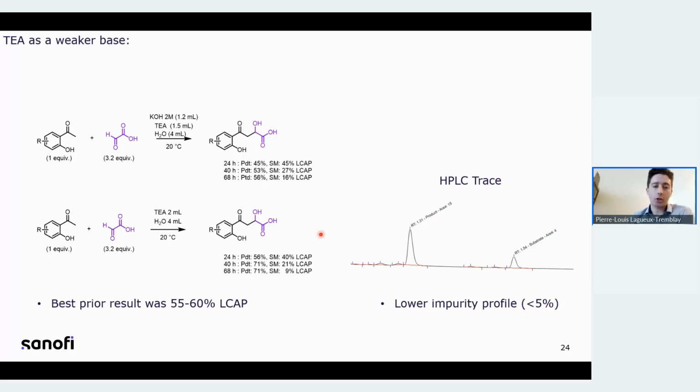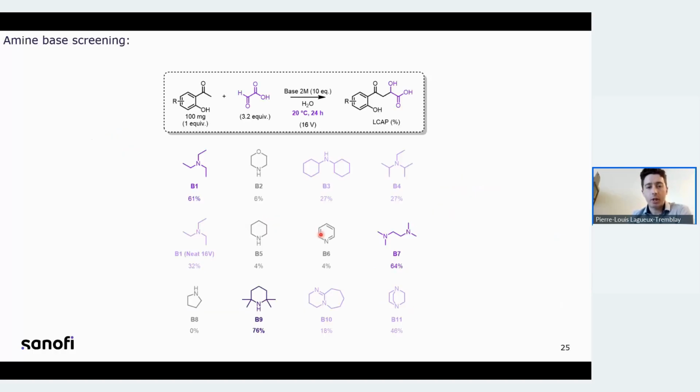That inspired us to do a high throughput screening of different amine bases in this transformation to really see which base is more performant. And we saw that base B9, the tetramethylpiperidine base here, was very good and led to an almost perfect reaction outcome, with 76% LCAP, mostly starting material left, and a very low amount of impurities in this transformation. So that was pretty performant.